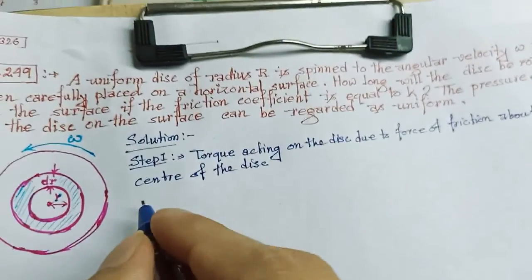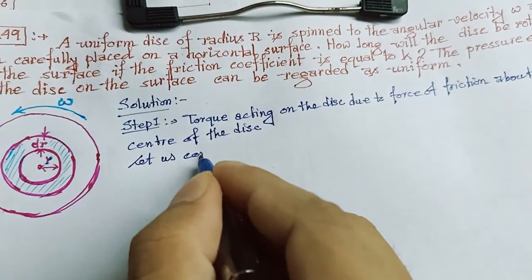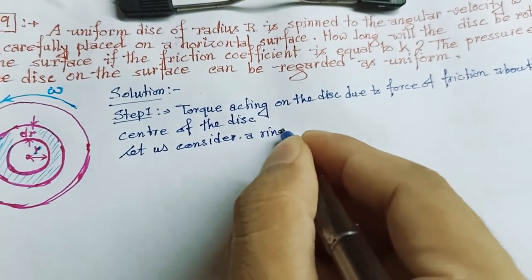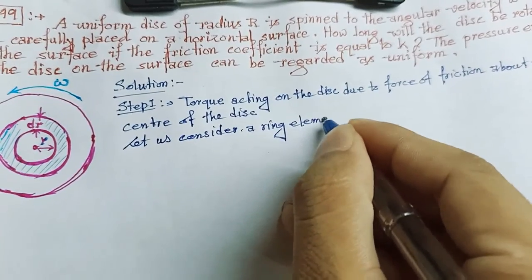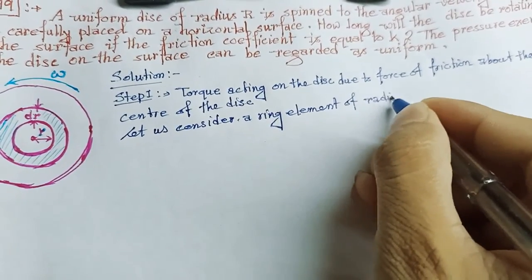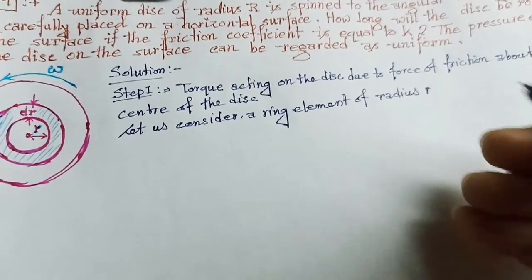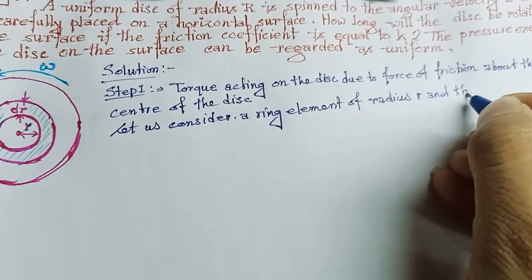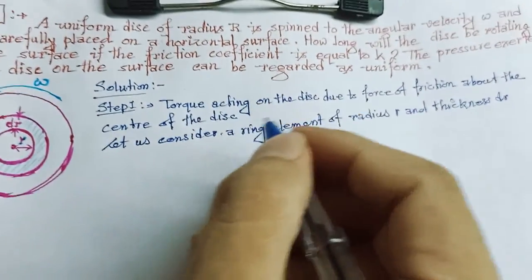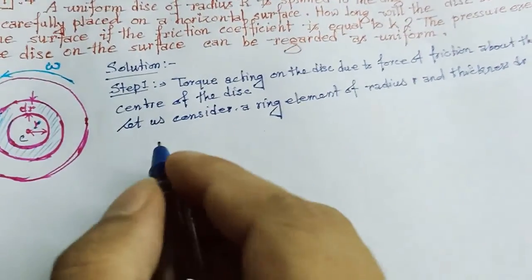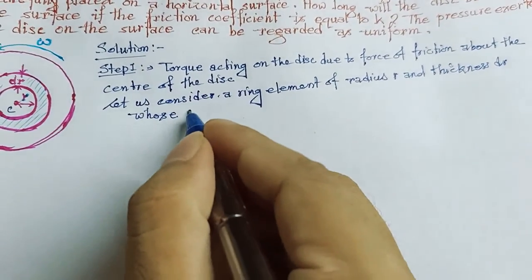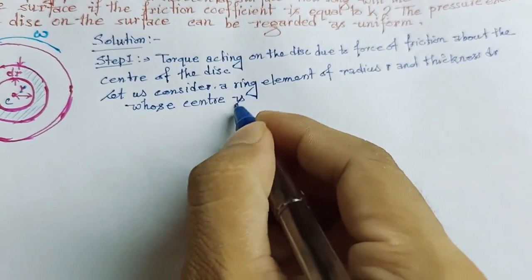Let us consider a ring element of radius r and thickness dr, whose center is at C.